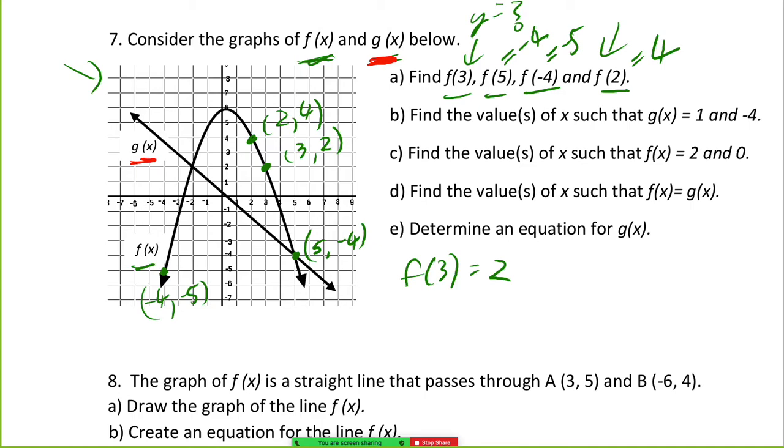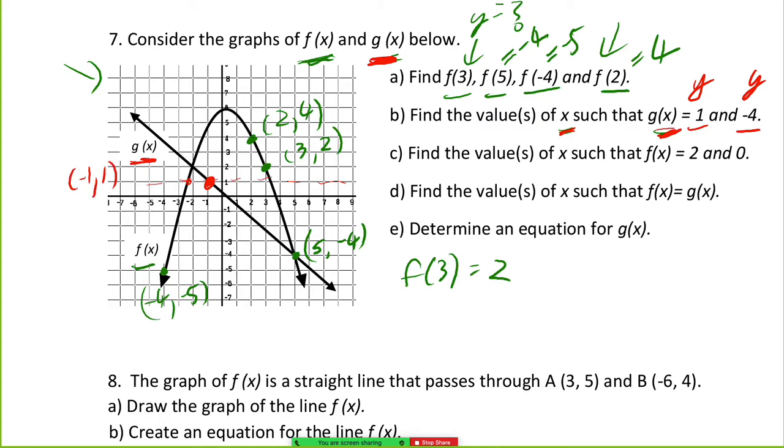The second one asks, find values of x such that g at x, so a completely different function we're looking at, values of x are underlined in red, is equal to 1 and negative 4. So this is when the y coordinates are 1 and negative 4. What are the x coordinates? So look at g, and when y is 1, I can kind of draw a horizontal line here, and, whoops, that's f. Here's g, looks like it's negative 1, so that coordinate being negative 1 and 1.